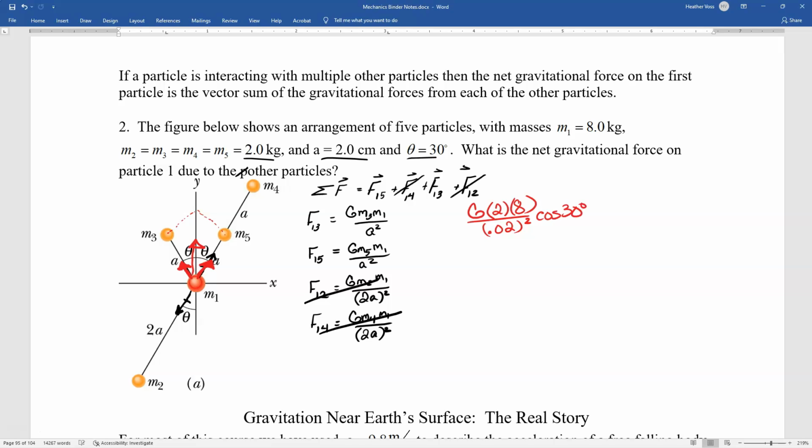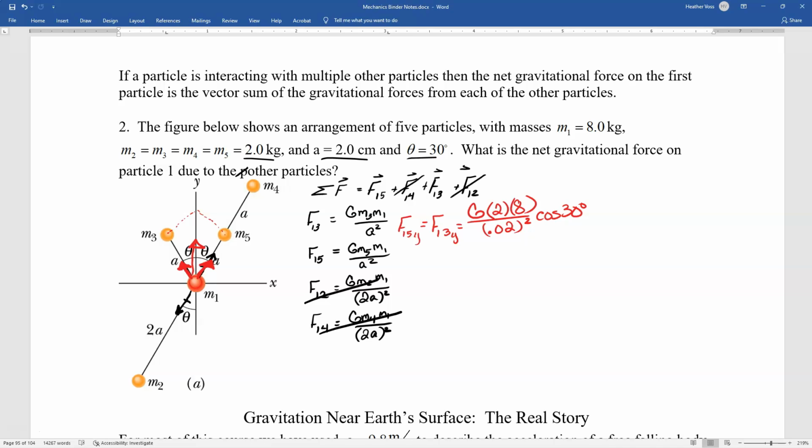That is the only part we are concerned with. We are concerned with the y component of force 1 by 3. We are also concerned with the y component of force 1 on 5. They happen to be the same magnitude.